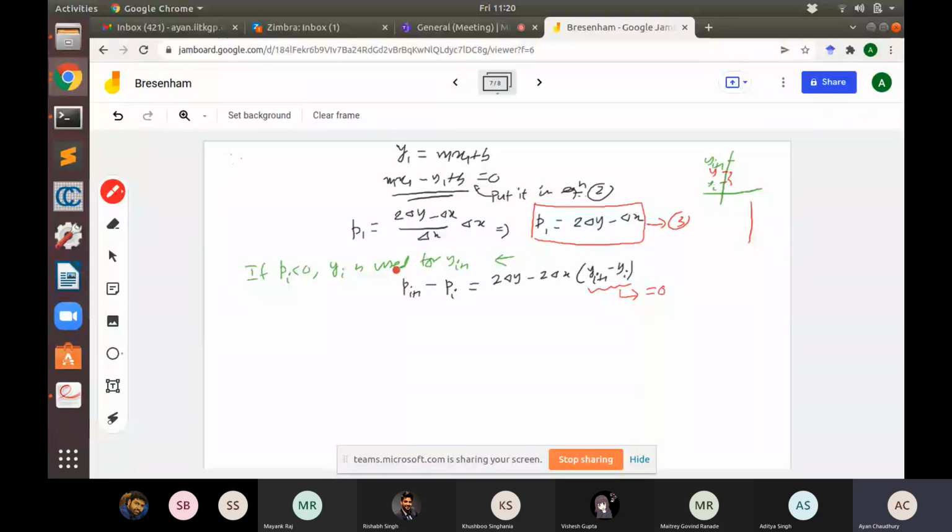Because we are choosing yi. So what will be the expression? Pi plus 1 minus pi is equal to 2 delta y, because this is equal to 0, since we have chosen yi in this case.